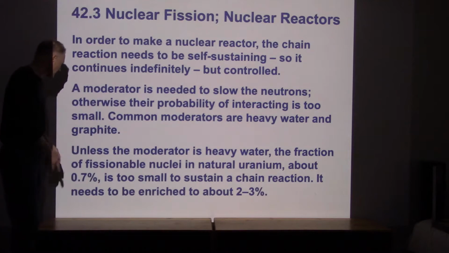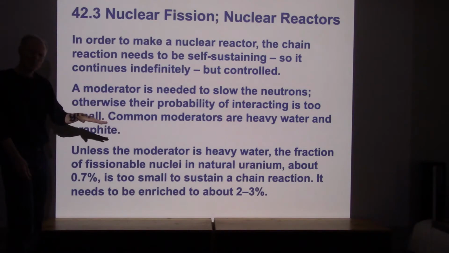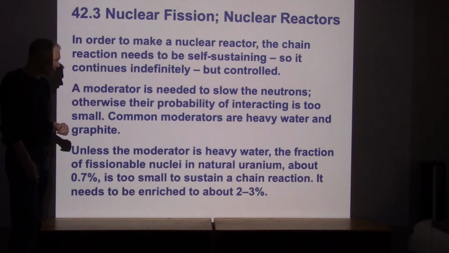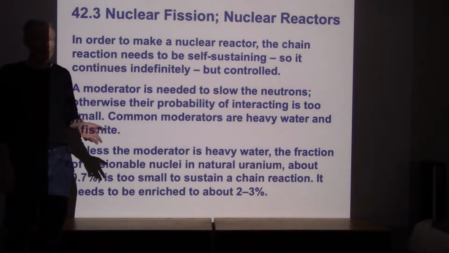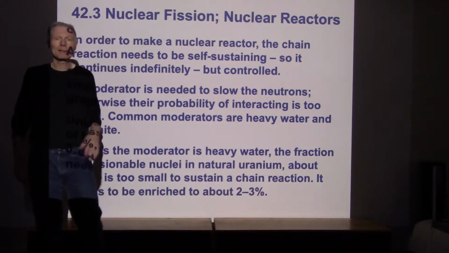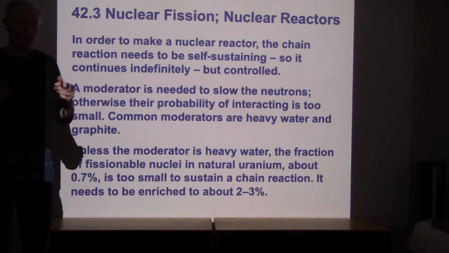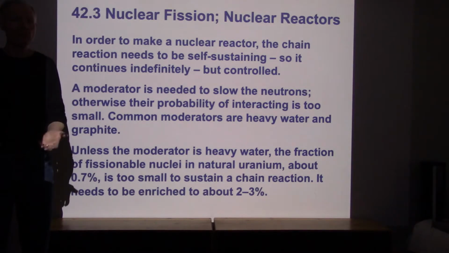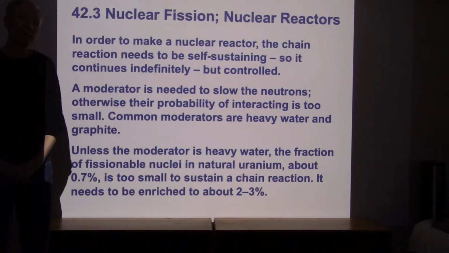So with that, even naturally occurring uranium-235 is less than 1%. It's only about 0.7% of naturally occurring uranium. That won't sustain a reaction, but we don't have to enrich it very much. If we can get a uranium sample enriched up to where 2 to 3% of the uranium is uranium-235, that's enough that we can build a power plant and operate with that sample.